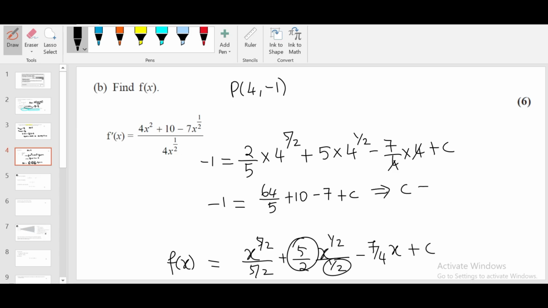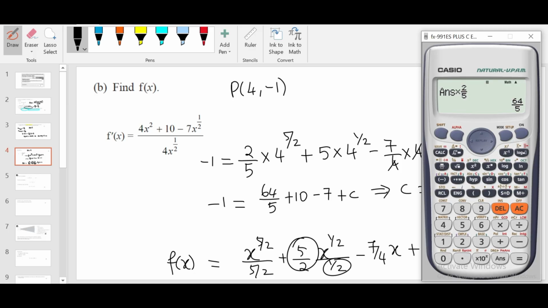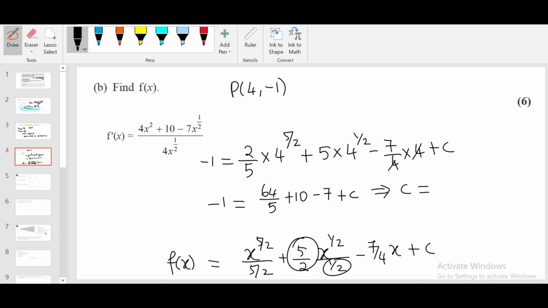So c, bring everything to the other side, is going to be negative 1 minus 64 over 5, and then minus 10 plus 7. That's c, negative 84 over 5.